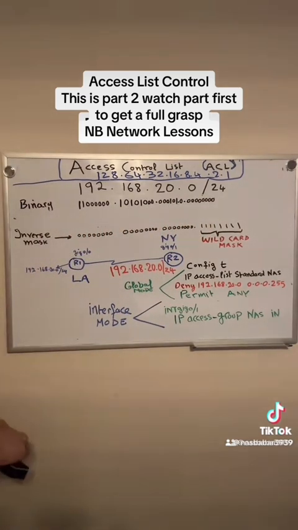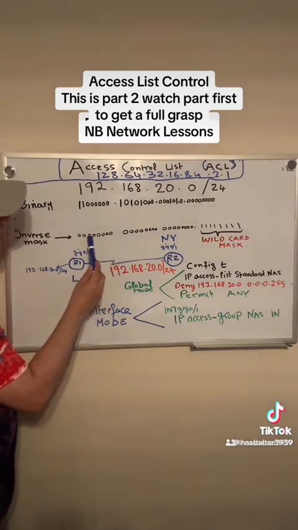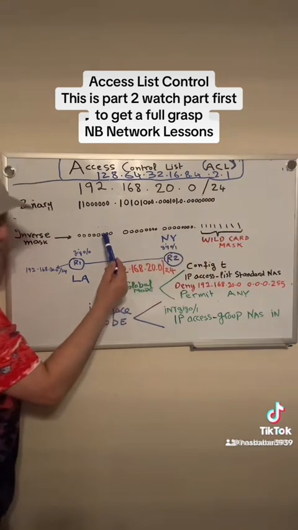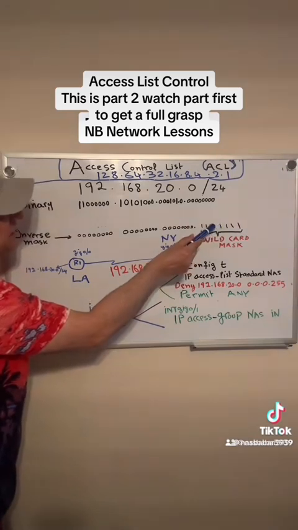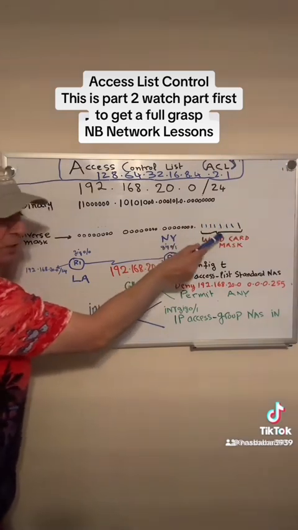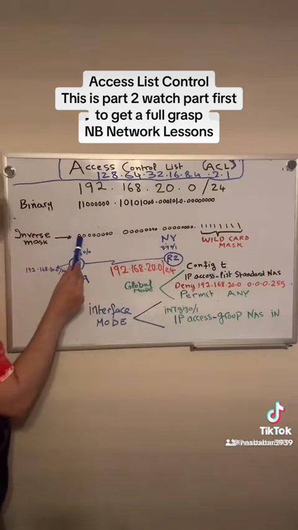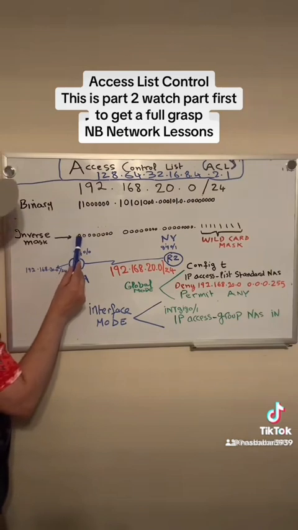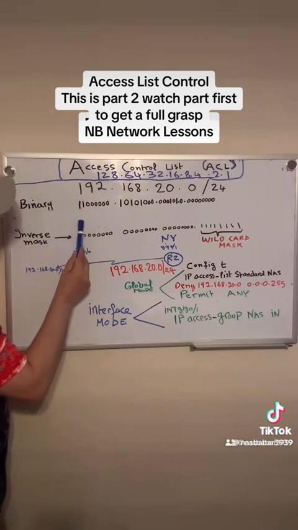We said that the wildcard mask is all zeros, all zeros, all zeros, and all ones. Sorry, the inverse mask. This wildcard mask tells me that whatever comes in the last octet, I'm not going to even look at it. However, can we do that over here? No, we can't, because this 0 corresponds to 1, 1, so it has to match.